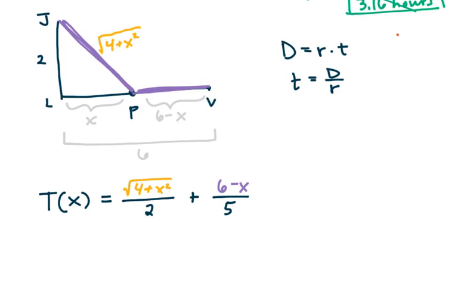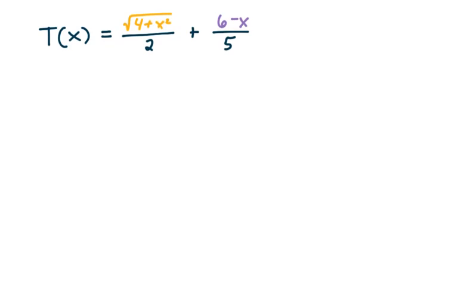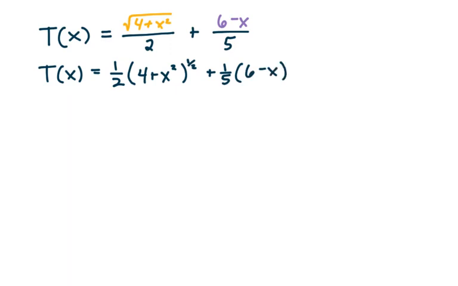So if we want to optimize something, we're going to take the derivative, set it equal to 0. So in order for me to take my derivative here, I'm just going to clean up the way this looks. T of x is 1/2 (4 plus x squared) to the 1/2 power, plus 1/5 (6 minus x). So t prime of x, I'll use my chain rule. The 1/2 stays in front, and I end up with 1/2 (4 plus x squared) to the negative 1/2.